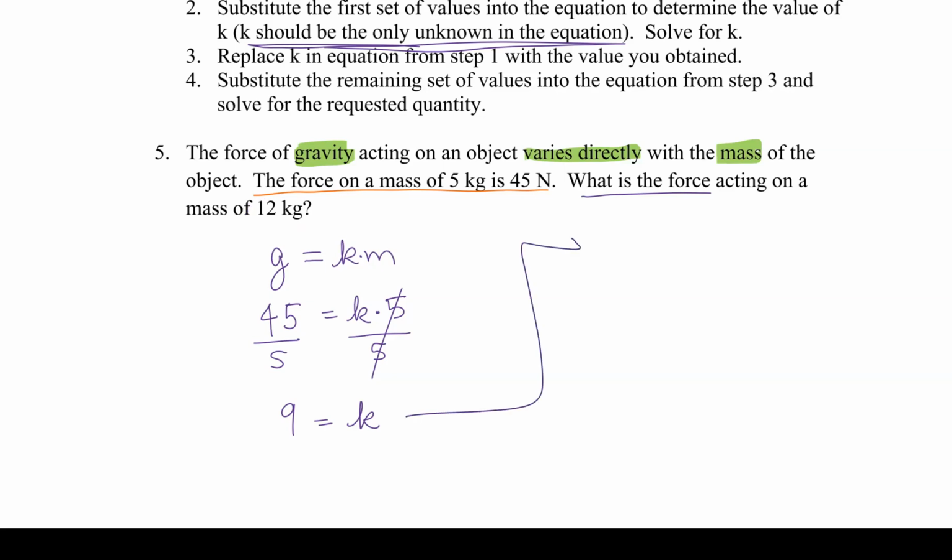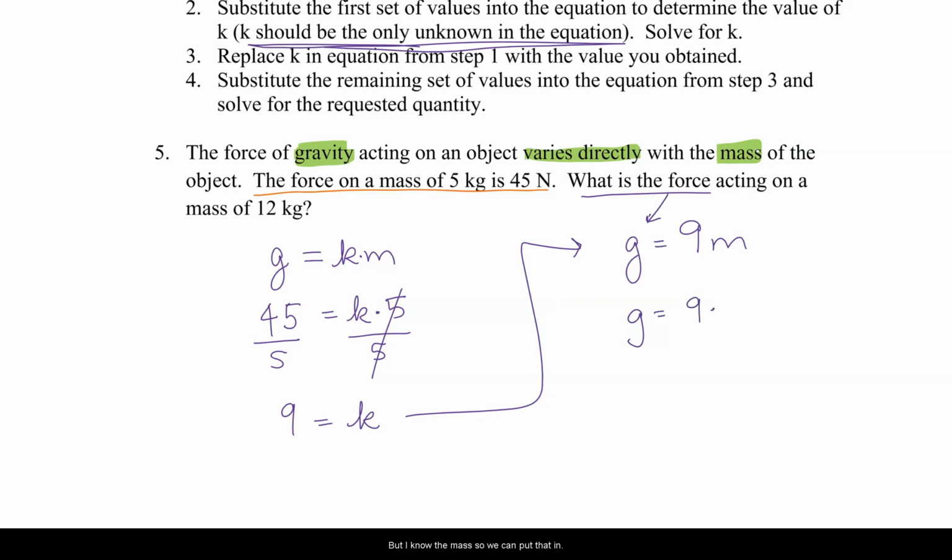So now we create a new proportion problem, except this time we know what k is. K is 9. I can go ahead and stick that in. So for the second sentence, I know what k is, and I know one of the other two variables. In this case, I'm looking for the force, and I know the mass.